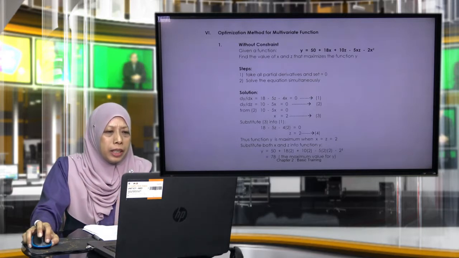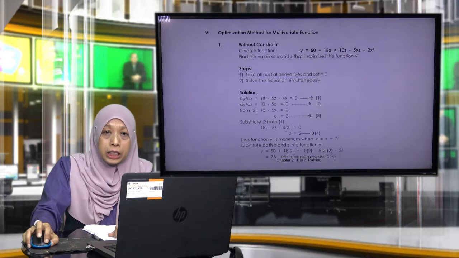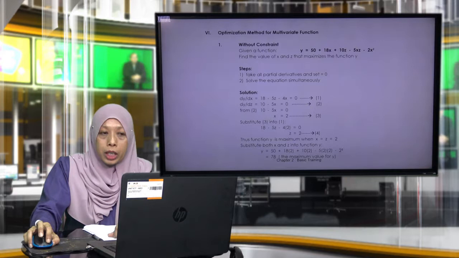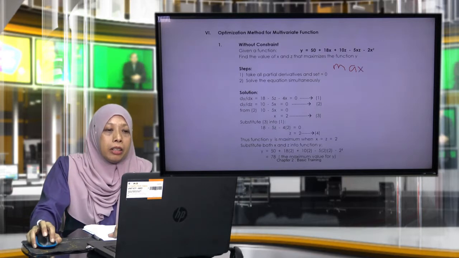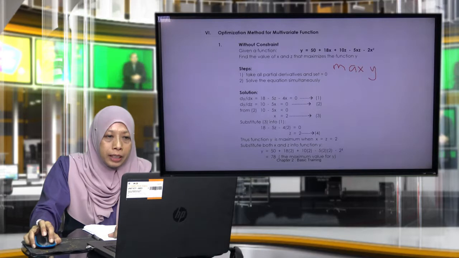You can assume that this is a profit function for a company, and this company is producing two products, product X and product Z. So the question is, if the firm wants to maximize Y, in this case profit, how many X and how many Z should it produce? Remember, our main aim is to maximize profit. In this case, it is Y.